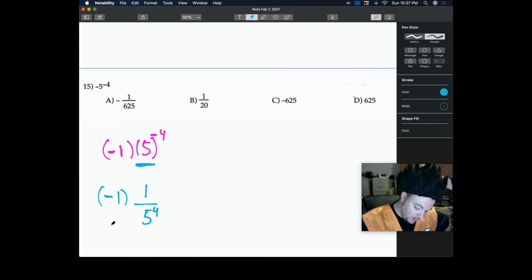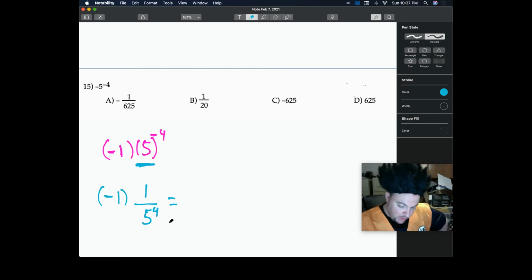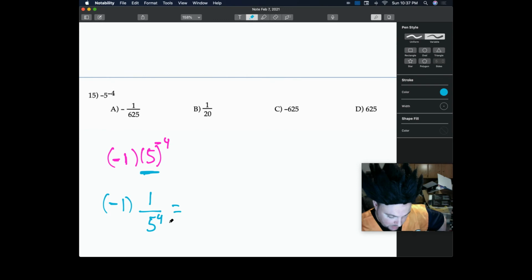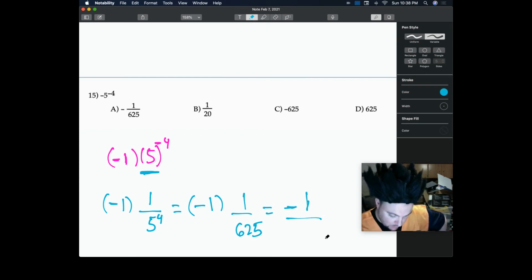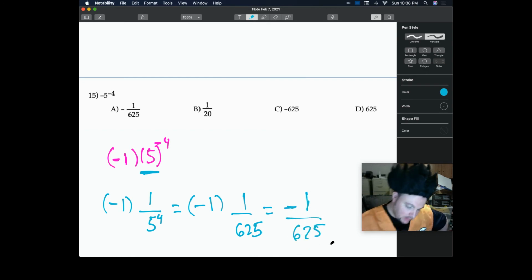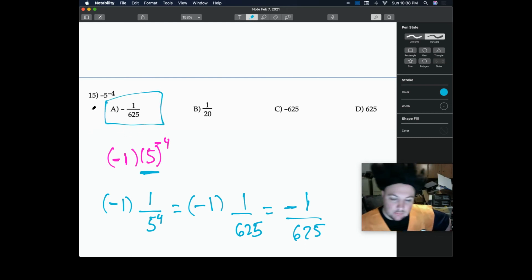We still have the negative 1 here. So now we're going to do 5 to the fourth, which is 625. So this is going to become negative 1 times 1 over 625, which is negative 1 over 625, answer choice A. Cool beans.